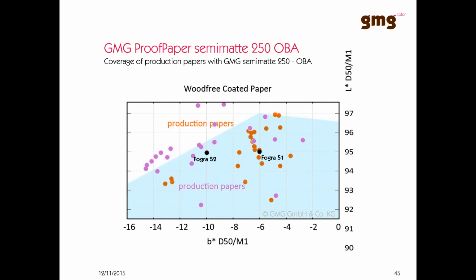My personal guess would be that within a year we will have at least half of our users using OBA paper, and I see a lot of agencies or prepress companies that typically handle jobs for coated or uncoated papers, 80 to 90+% of which are in the end printed on production papers that contain OBA. So to switch completely to an OBA proofing substrate just makes sense.